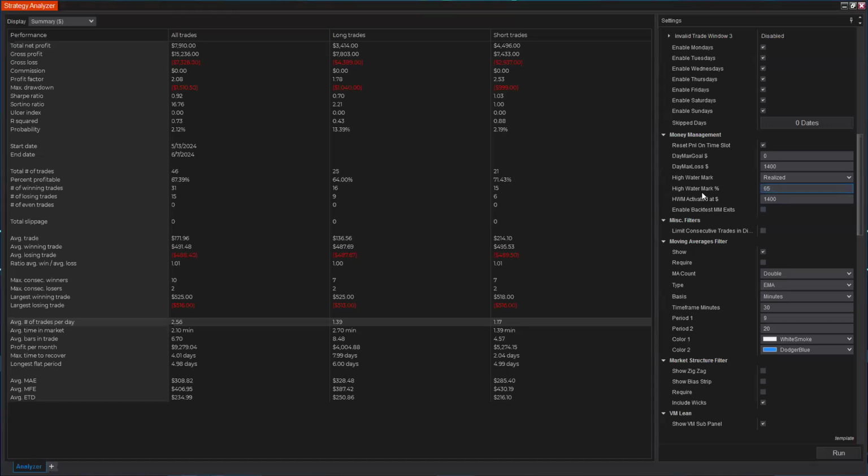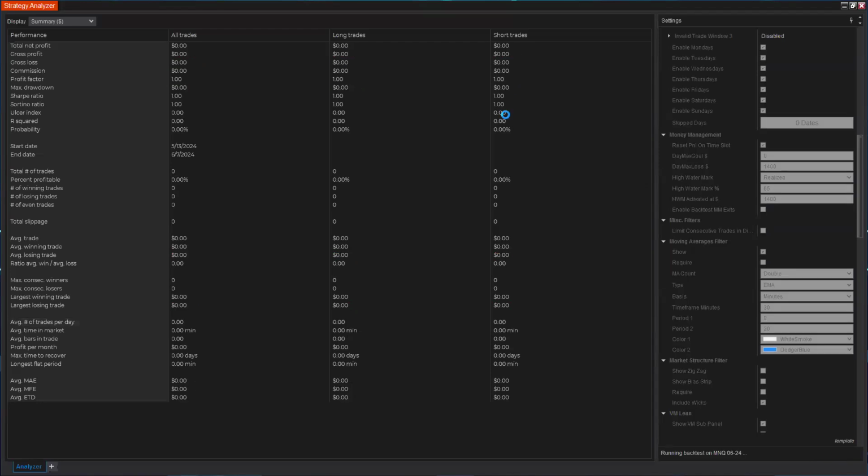Let's try that. I'm not going to enable money management exits because this assumes that you're sitting in front of the algo and turning it off if it goes beyond what you're looking for. So I'm just going to leave that unchecked and let's run it. Let's see what that does.